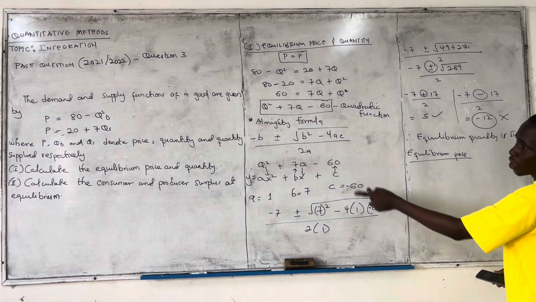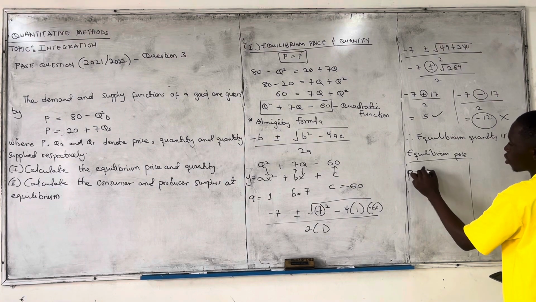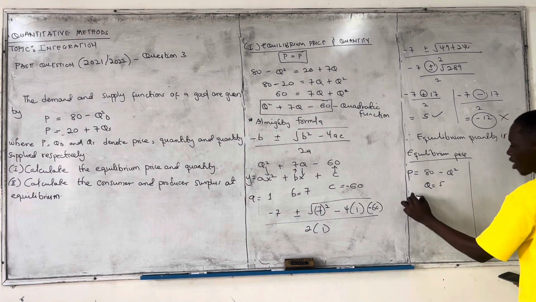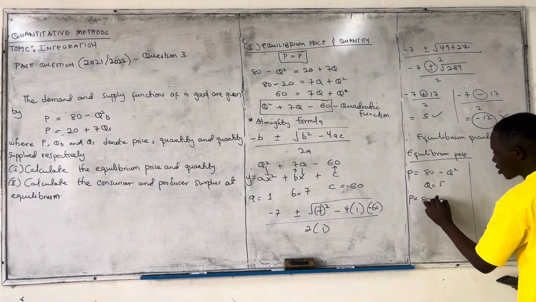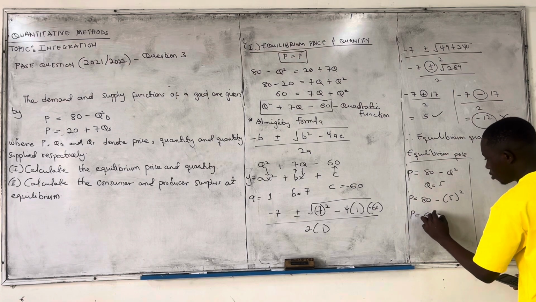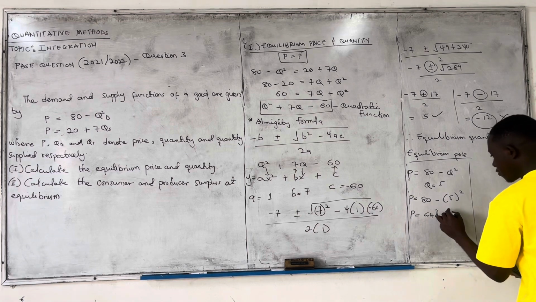For the equilibrium price, you pick any of the price functions. So the first one, P is equal to 80 minus Q squared, where Q is 5. So P is 80 minus 5 squared, which gives us 55.